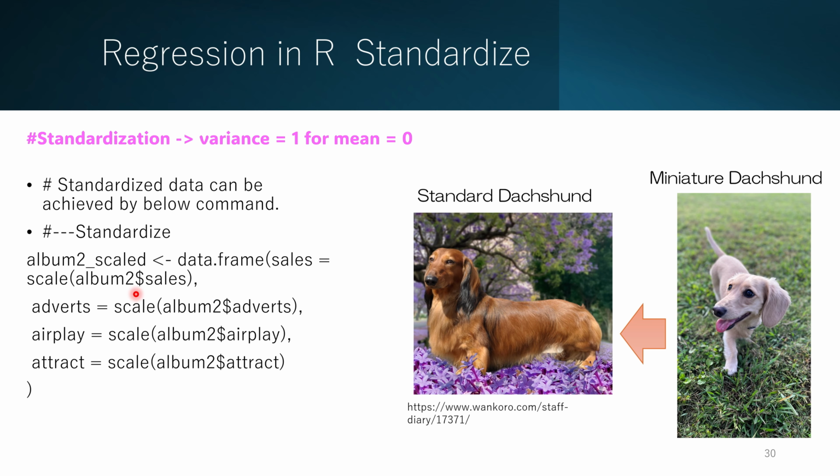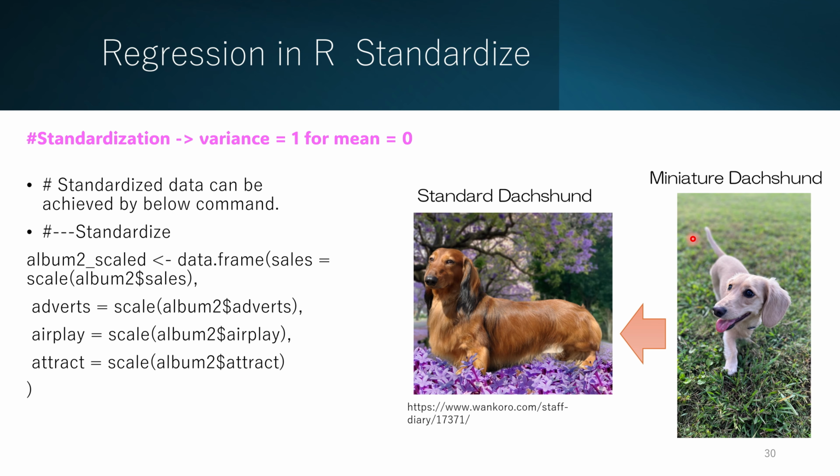We can use the scale command. This code creates a new data frame with mean equals 0 and variance equals 1 for each variable. album2_scaled is the data frame, with sales equals scale album2 dollar sales, adverts equals scale adverts, airplay equals scale airplay, attract equals scale attract.